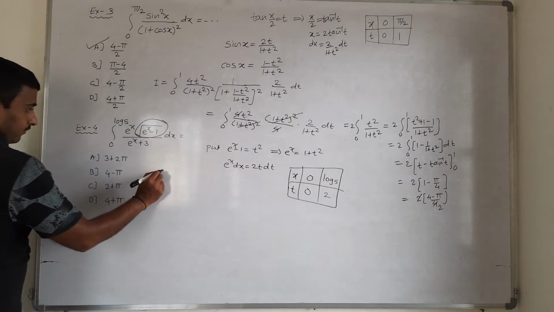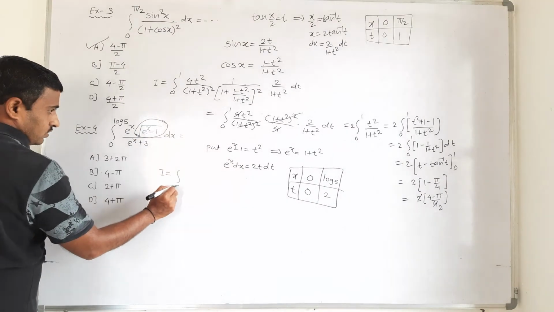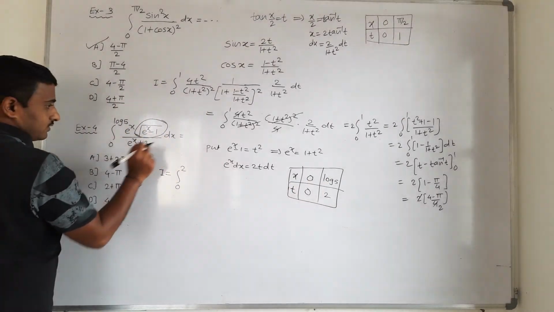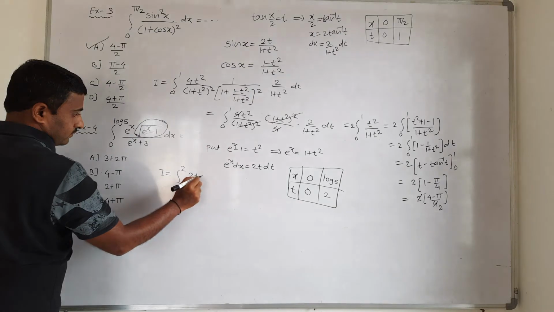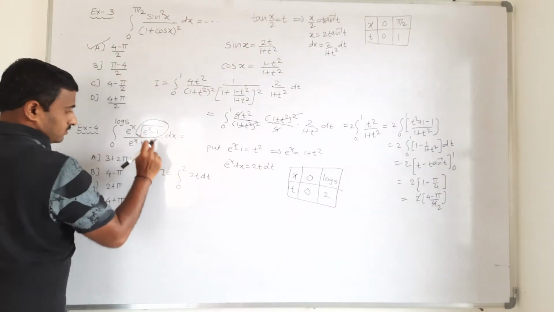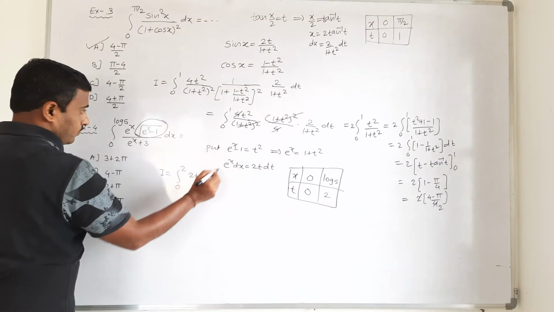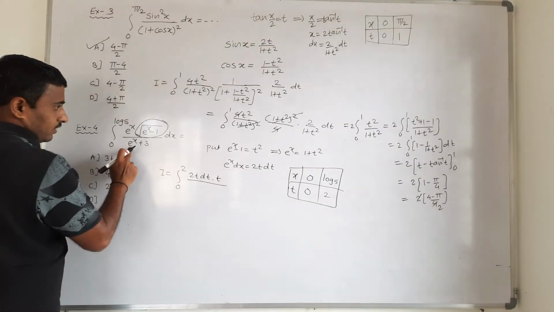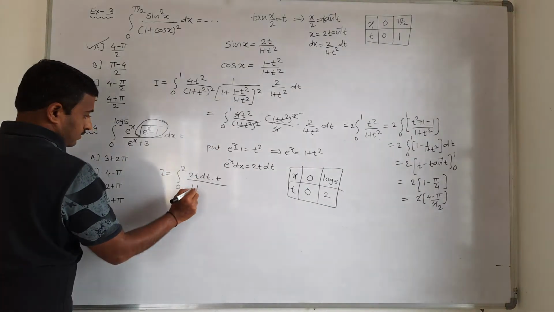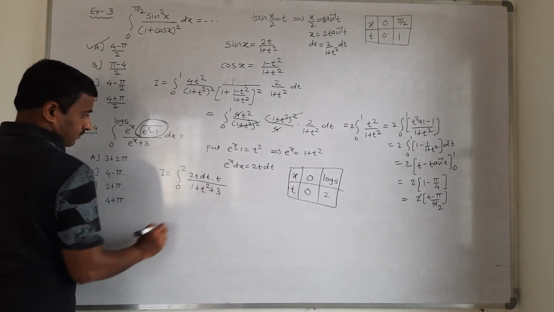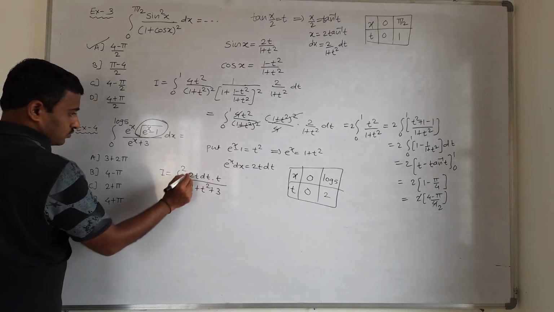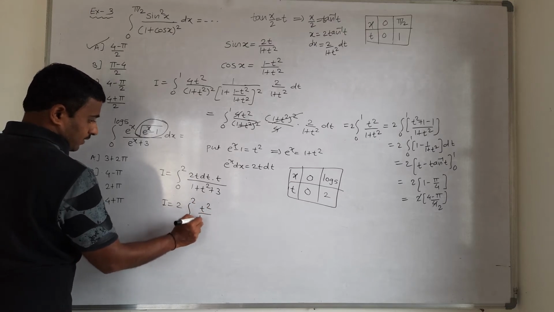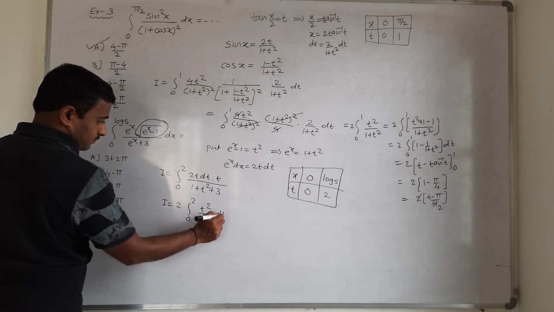Therefore I becomes integration 0 to 2, t into 2t dt, where the square root gives t only, upon e raised to x plus 3, which is 1 plus t square plus 3. That is 2 out, integral 0 to 2 of t square upon t square plus 4 dt.